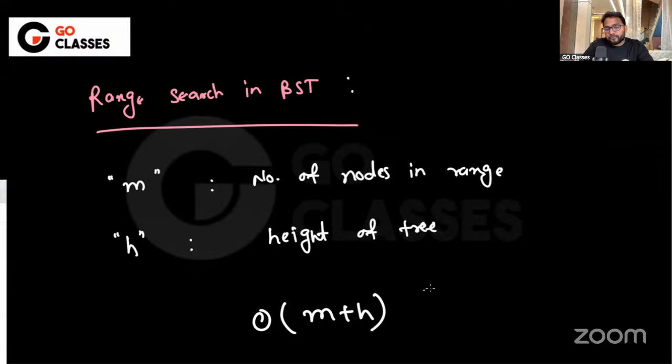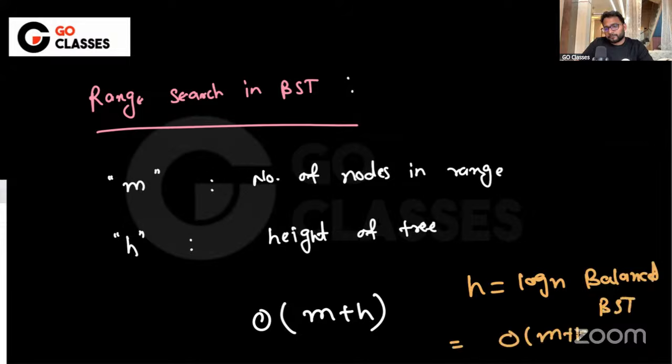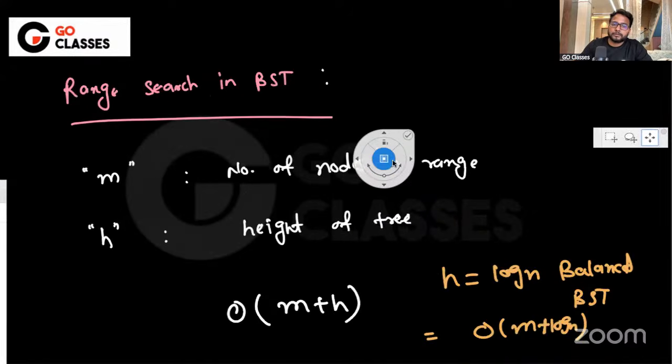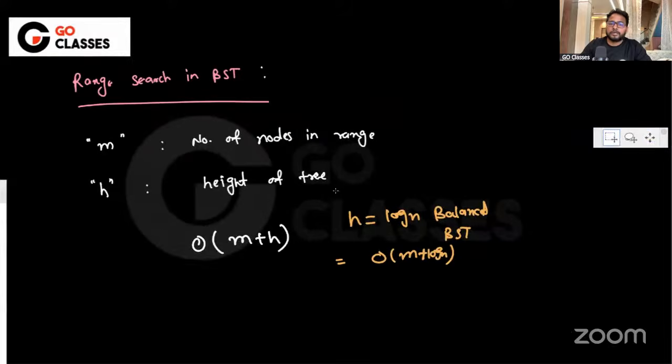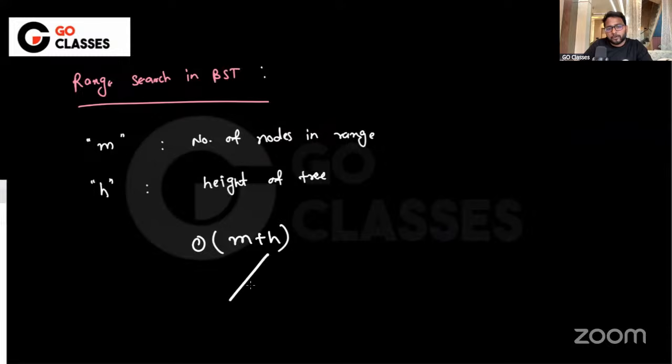If the tree is balanced, then the height is log n. If it is a balanced binary search tree, in that case it will be order of m plus log n. If it is not balanced, it will depend on the height.